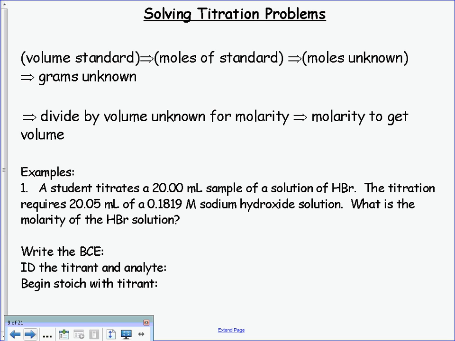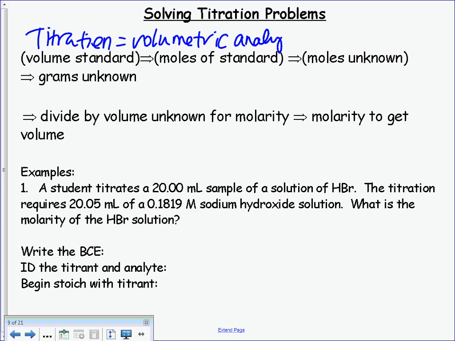I recommend writing down what a titration is first. I'll be quiet and let you write down some stuff, because you're going to want some guidelines on how to solve problems.